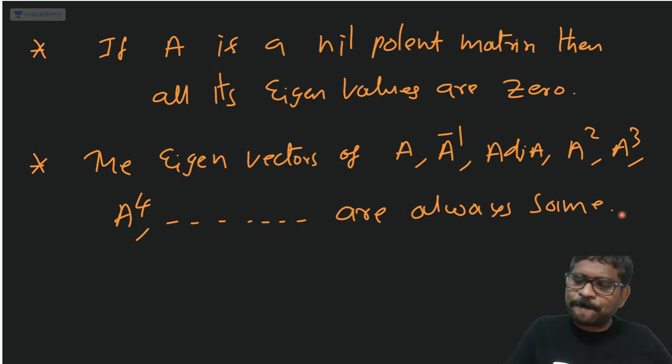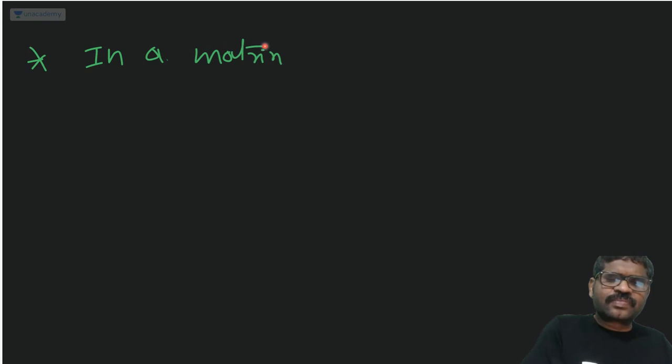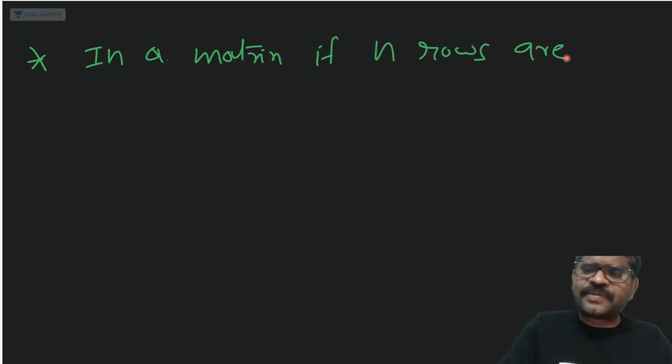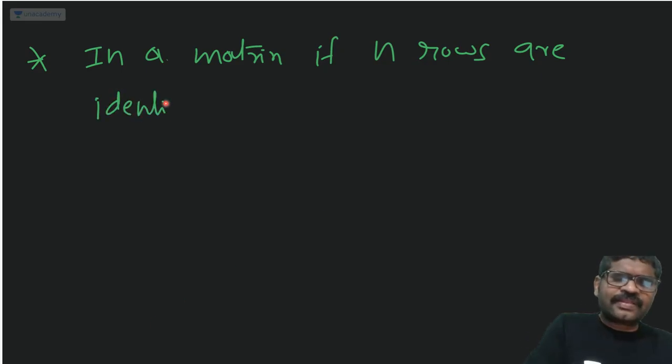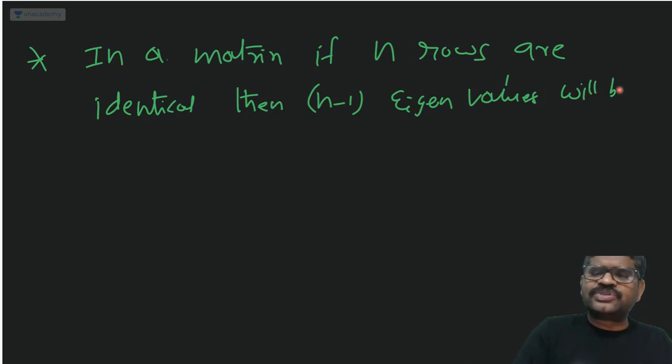Next. In a matrix, if n rows are identical, then n minus 1 eigenvalues will be 0.